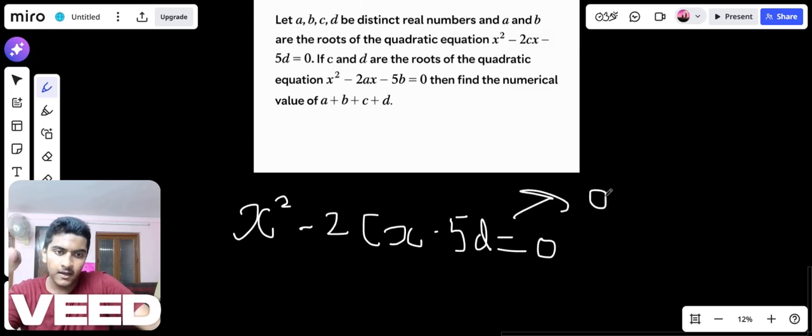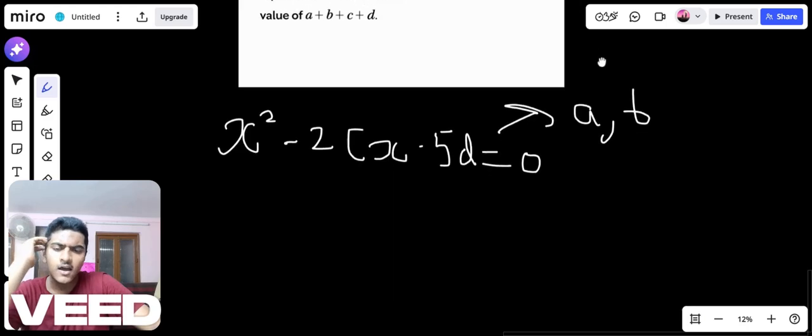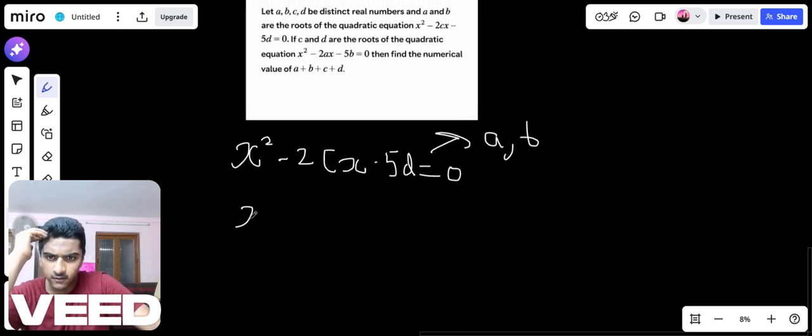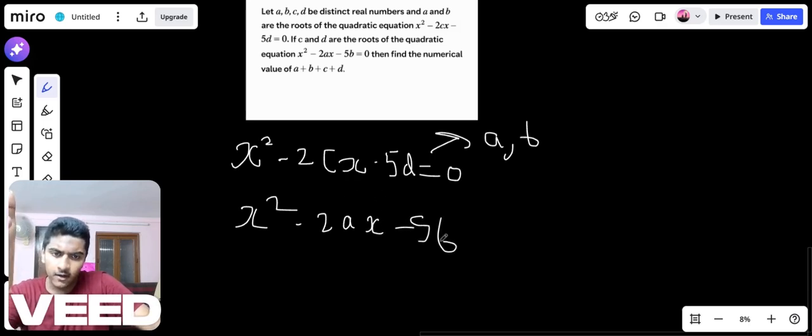So a and b are the roots of this equation. And again we have the other equation, x squared minus 2ax, symmetrically minus 5b equal to 0, and we have been given that the roots of this are c and d, right?